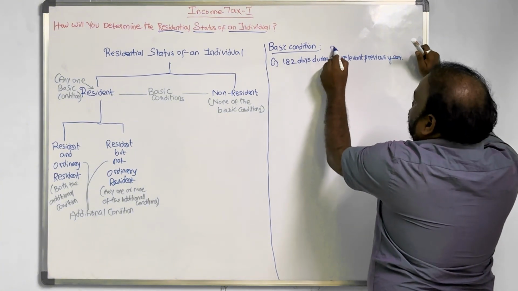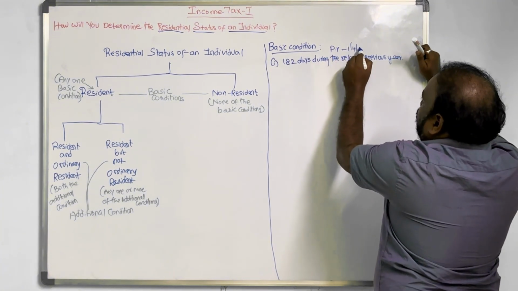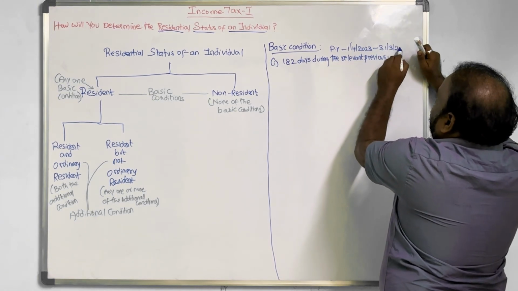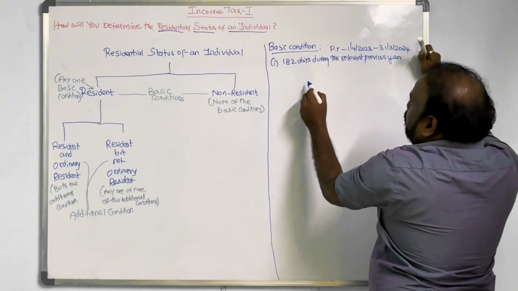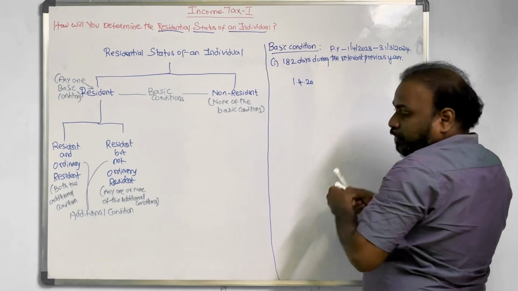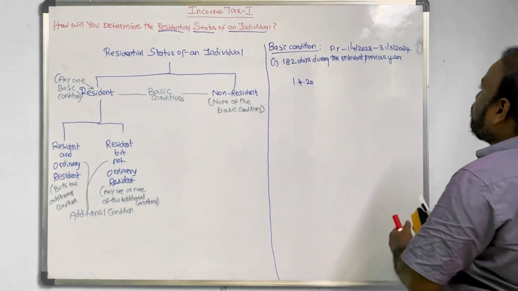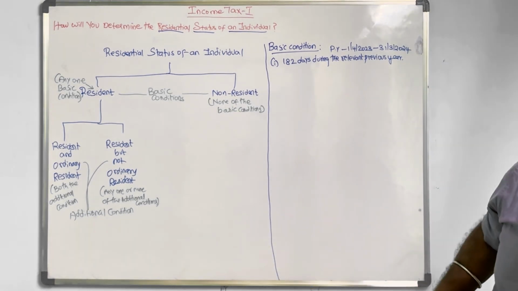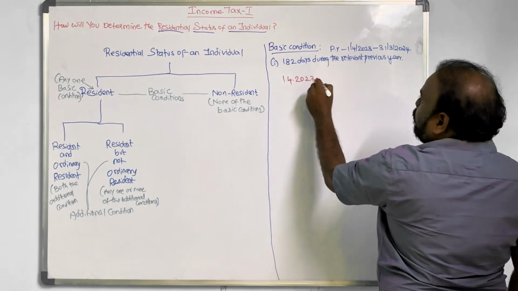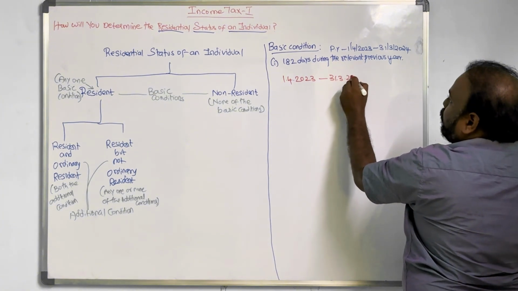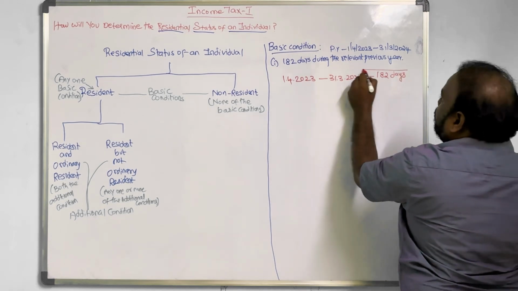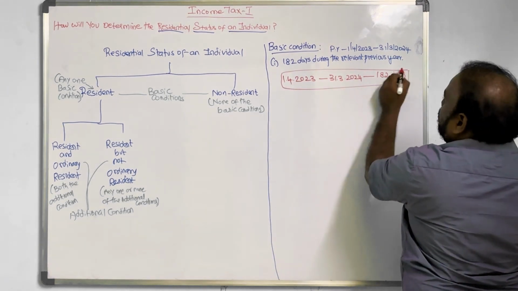Here the previous year is 1/4/2023 to 31/3/2024. So a person should be in India for 182 days during this period, 1/4/2023 to 31/3/2024. This is the first basic condition.